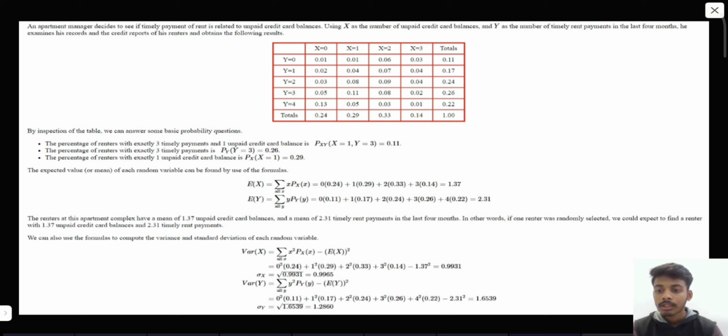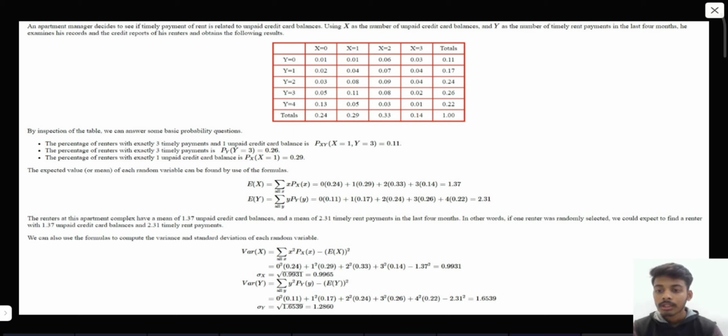First we'll calculate the marginal distribution and then the expected value, that is E of x. The formula for E of x is x into p of x, and E of y is y into p of y. As you can see, for E of y, the y value is 0, the corresponding probability will be 0.1.